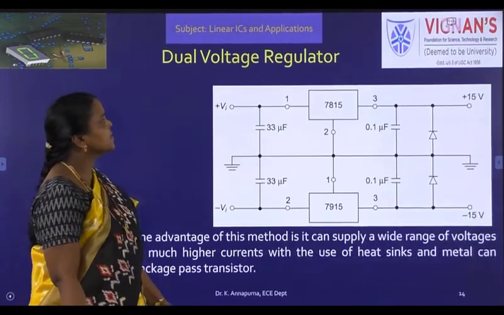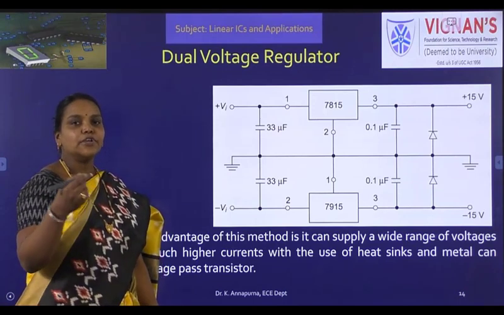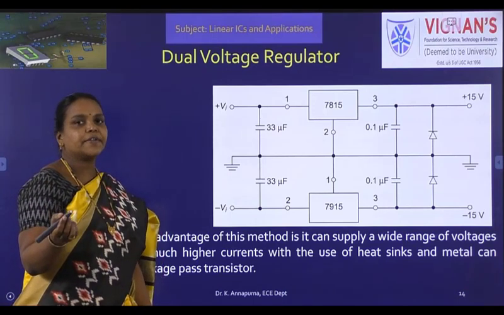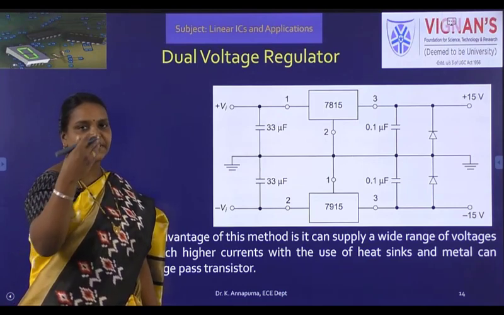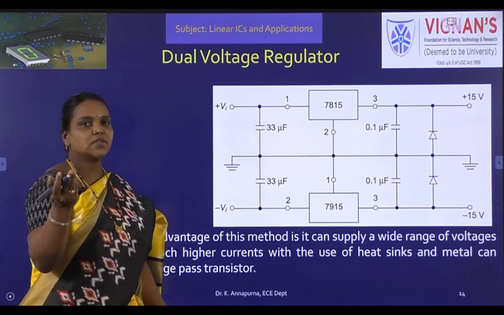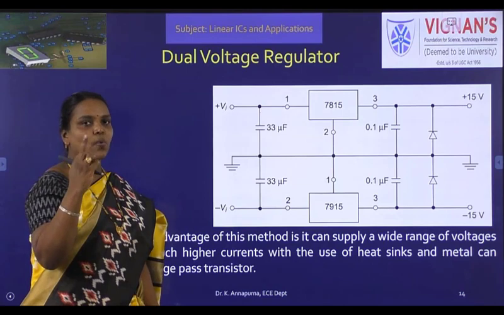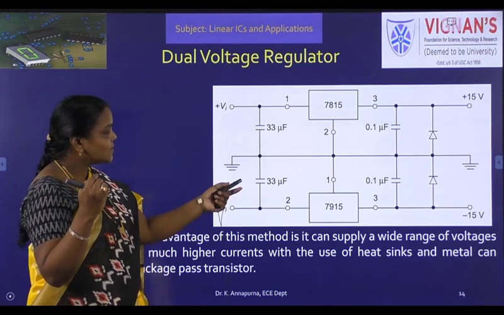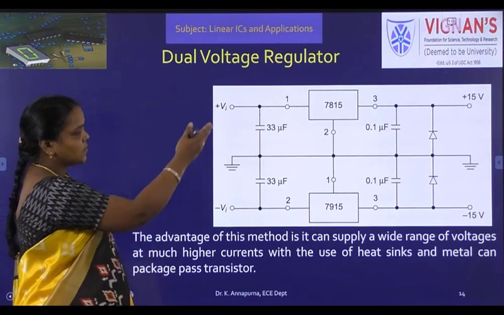And next is the dual voltage regulator. For example, to operate an operational amplifier we need two power supplies, a plus supply and a minus supply, one positive and one negative. So this circuit will provide both positive and negative simultaneously.